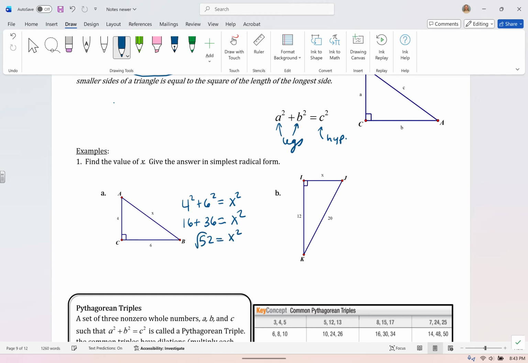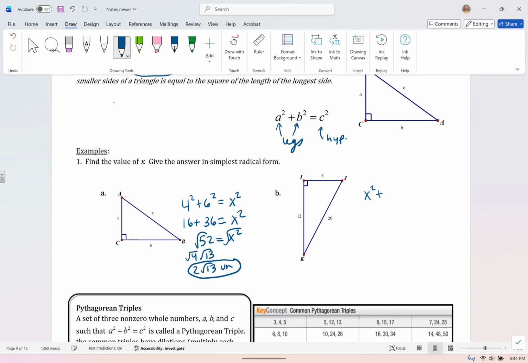To solve the equation, you square root both sides, and you get square root of 52, which breaks into 4 times 13, or 2 root 13, and that would be units. So the length of the hypotenuse is not an integer, which is fine, okay? We could get a decimal by taking the square root of 52 in our calculator, but we're going to leave it as an exact or radical form. That's something we should talk about.